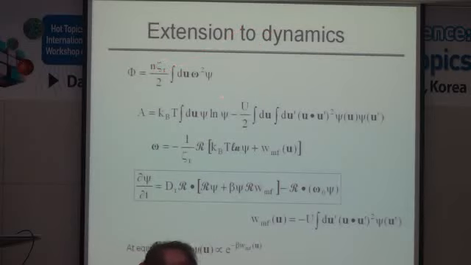If I go through the formalism, I can show that this angular velocity omega is given by this expression. It is essentially determined by the effective rotational potential plus this mean field potential.